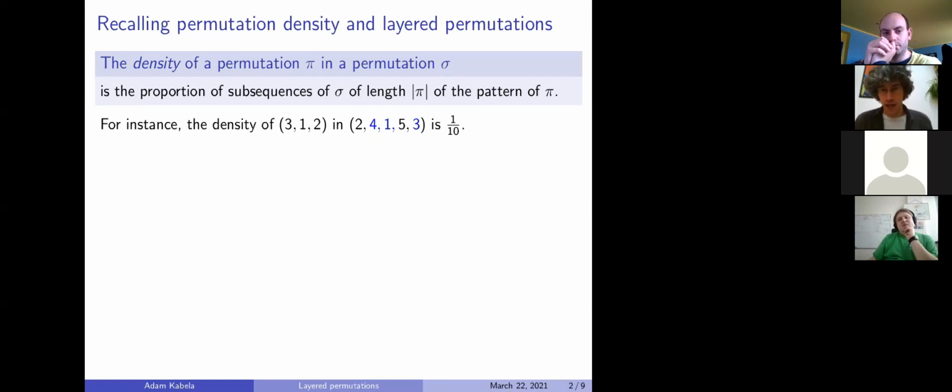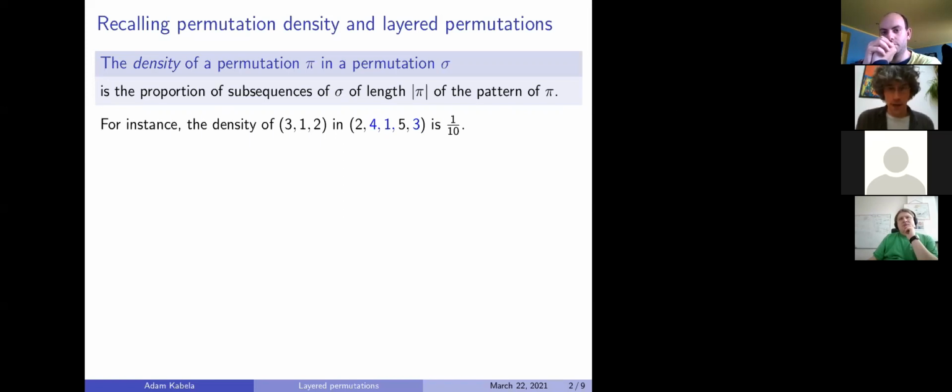Now there's 10 different ways how to choose a substring of length 3. Yet only one of those ways is the pattern 3, 1, 2. So we say that the density of the permutation 3, 1, 2 in the permutation 2, 4, 1, 5, 3 is 1 over 10. So, this is permutation density.